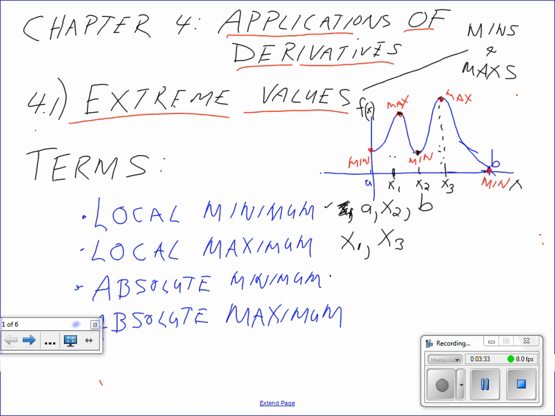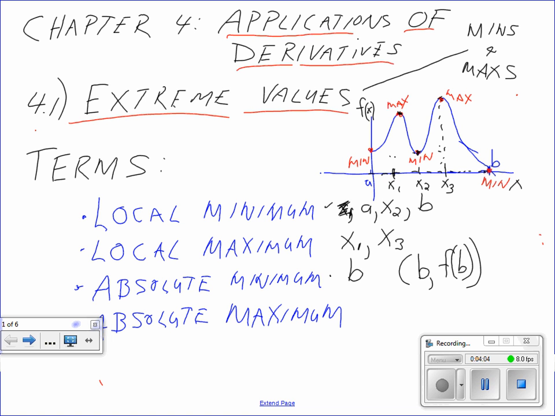So it's not A. It looks like x2 is a little lower than A, but look at B. B is clearly the x value where the function takes on its absolute minimum. If you wanted to turn that into a point, at x value B, what's the function? It's f of B. So f of B is the lowest y value in that region.